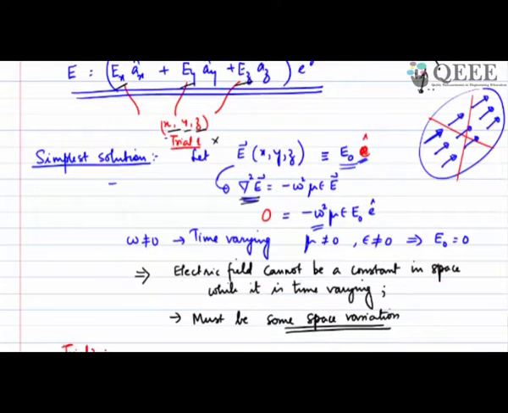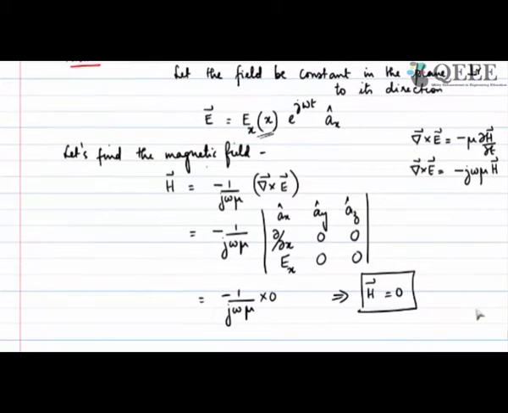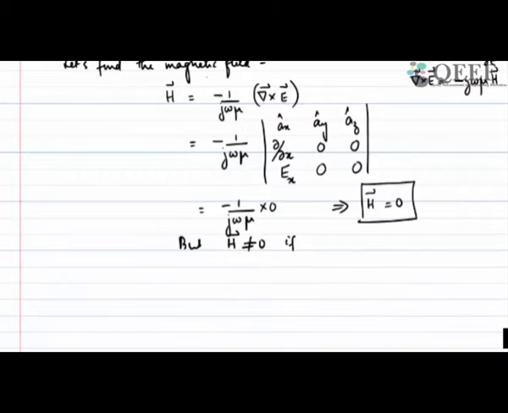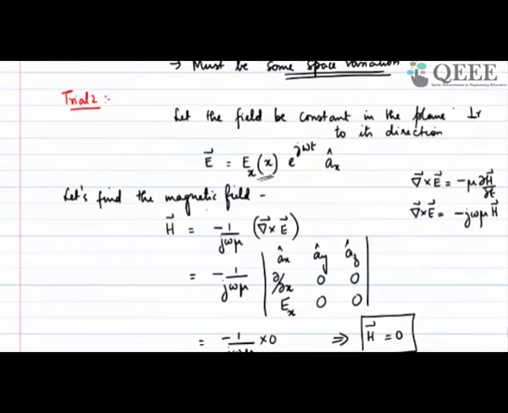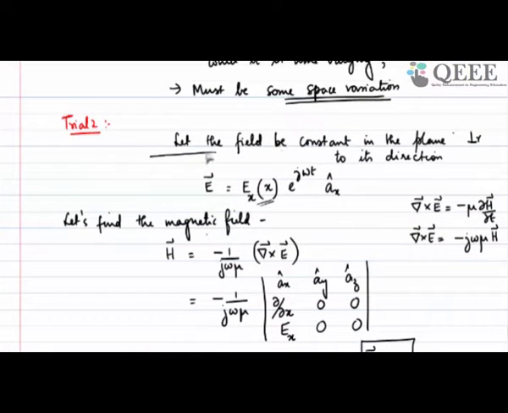Which means that H cannot be 0 if E is time varying. I must have a non-zero H. So where is the anomaly? Where is the mistake? This trial 2 is wrong.